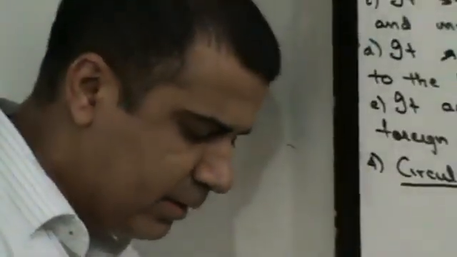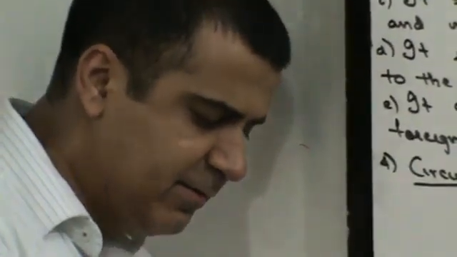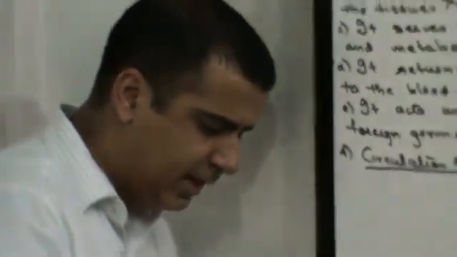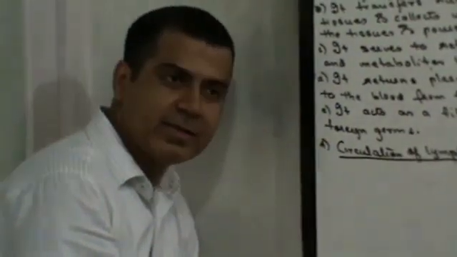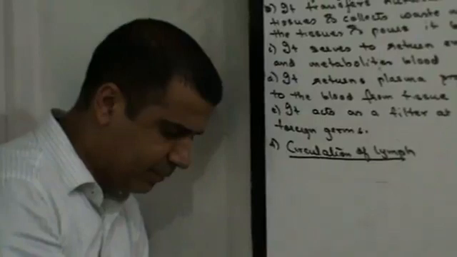It extends upwards in front of the vertebral column and opens into the left subclavian vein, where it empties itself. Then you have the right lymphatic duct. It is a shorter duct. It receives lymph from the right side of the neck, head, thorax and the right arm, and it opens into the right subclavian vein.